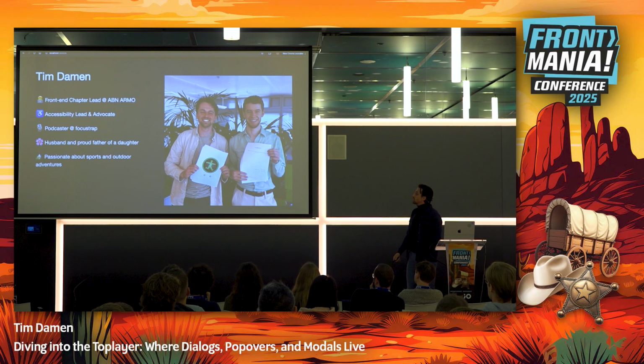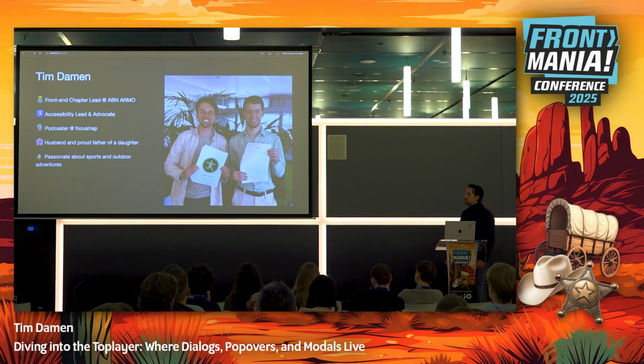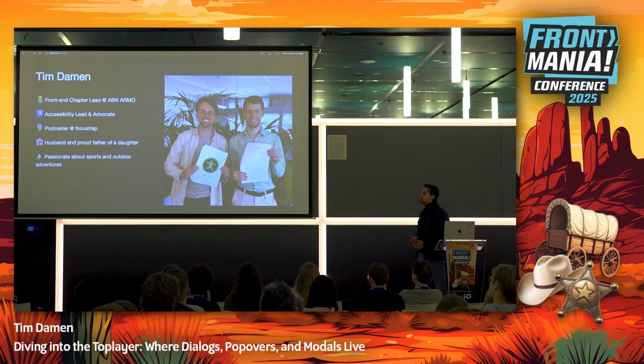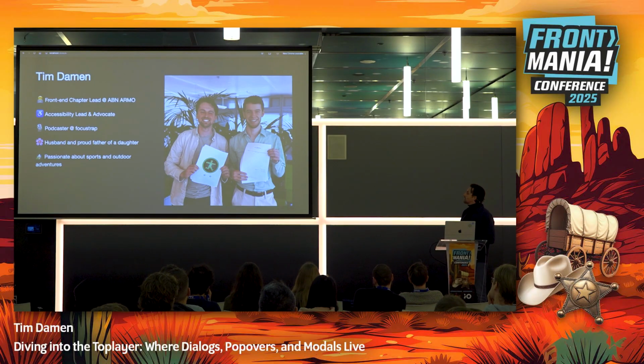My name is Tim Damen. I'm a front-end chapter lead at ABN AMRO. I'm also accessibility lead there, web accessibility lead. On this picture, I'm next to the other web accessibility lead, and we're holding, very proudly, the successful WCAG 2.2 AA audit of the internet banking platform, which we are in the lead of.